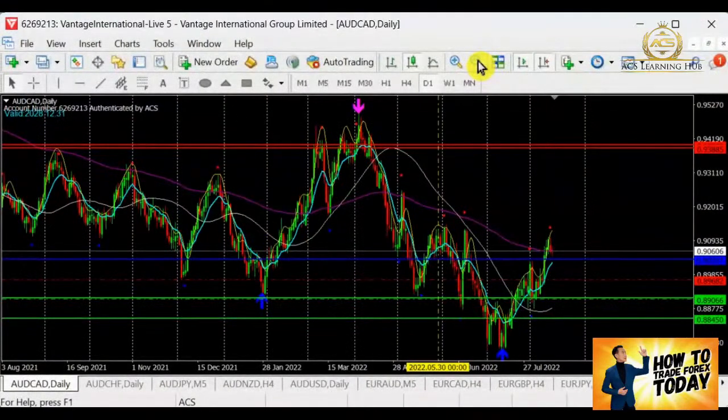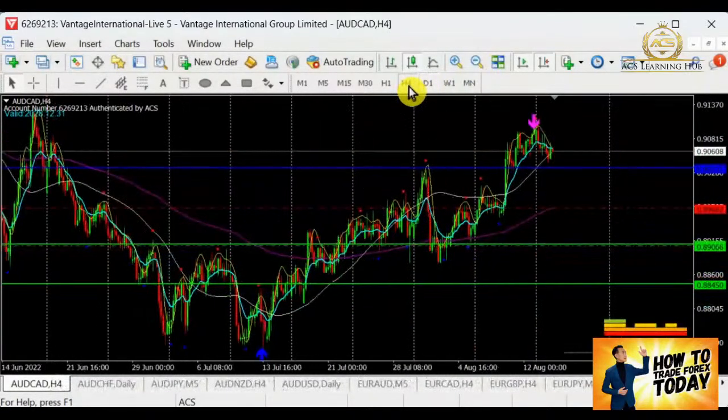The bull is still running, and today we have some retracement, a little bull pullback. But since the pullback is there, it doesn't seem good to sell because we will be going against the trend. So I won't be selling. I will be still watching for a buy. So buyers can take note if you are there.